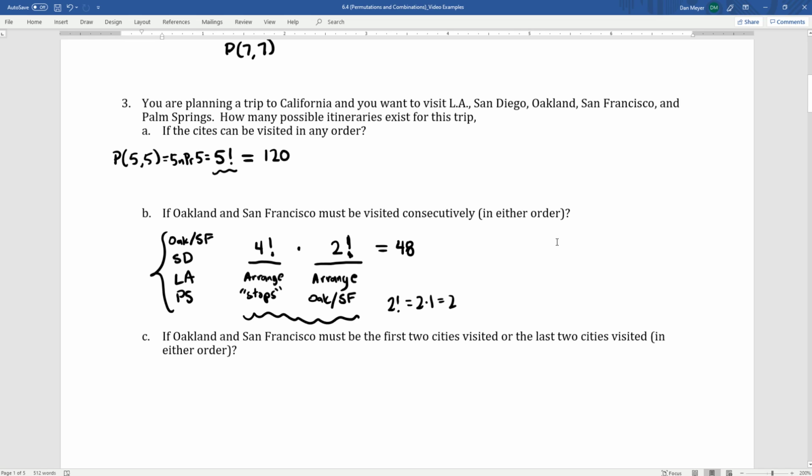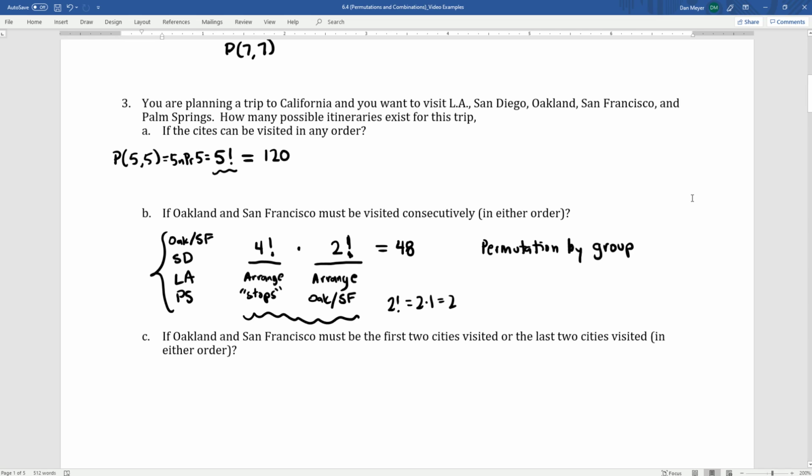I think of this as permutations by group. Okay, so that's a name that I gave to this kind of problem. We'll see another one later on in the examples here.